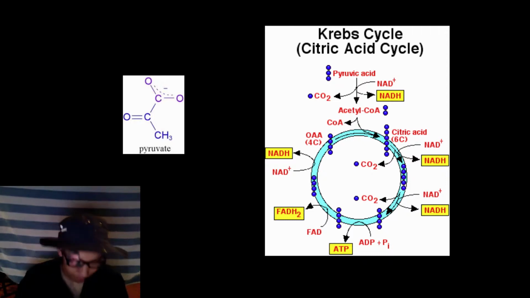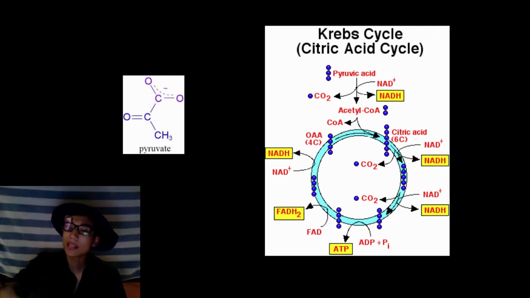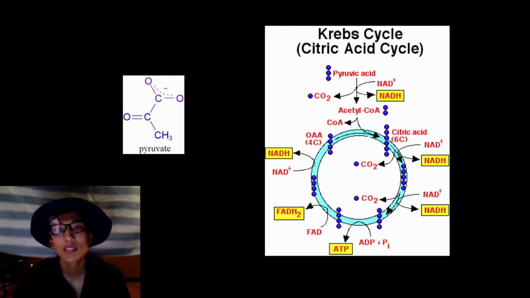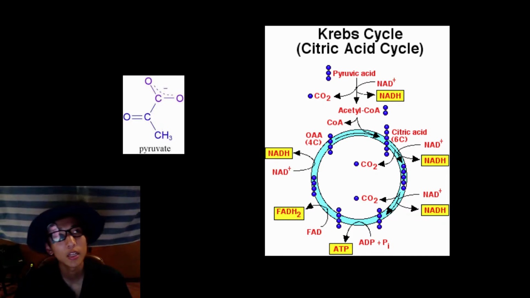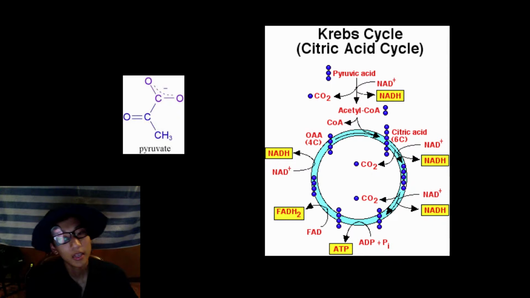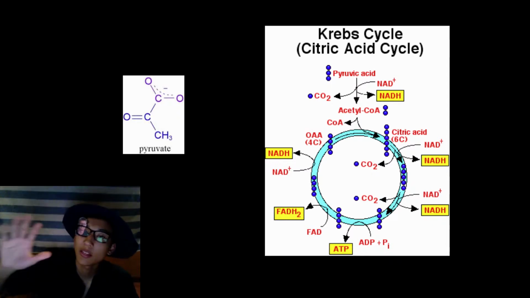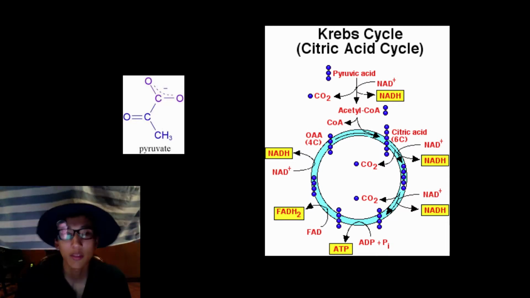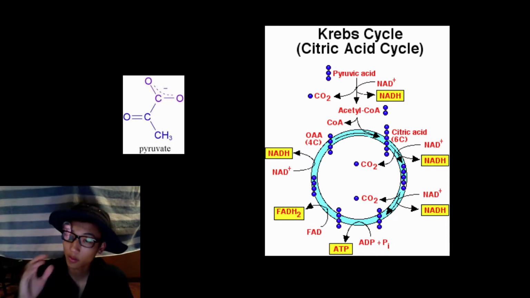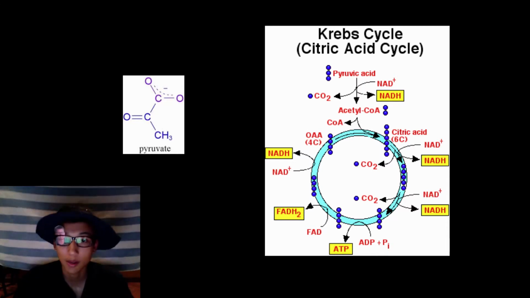This process of creating ATP is called substrate level phosphorylation. It uses phosphate and ADP and phosphorylates to create the ATP. This process is used in the Krebs cycle and in the first step, glycolysis.